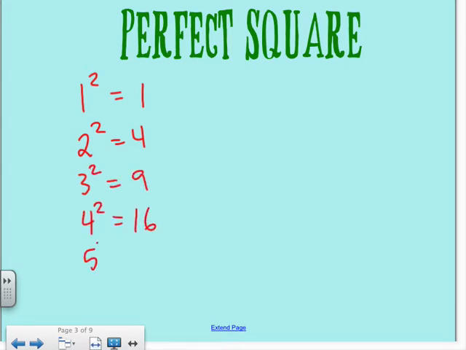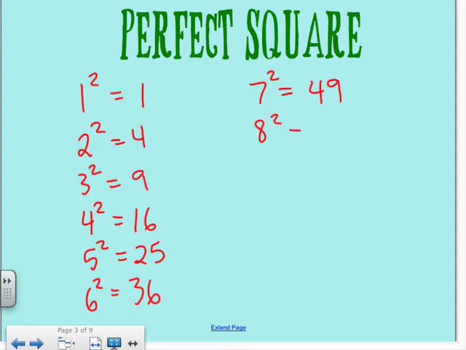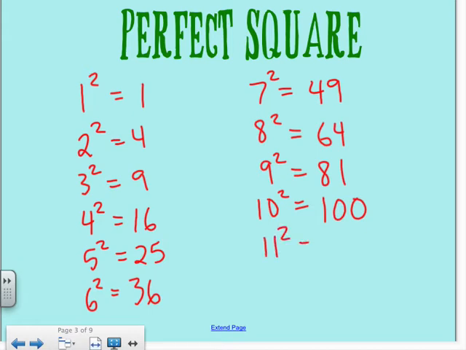The reason we're talking about these is it's a good idea to know what these are. You really shouldn't have to punch these into the calculator. You should recognize these as soon as you see them. So take a look at these, familiarize yourself with them. Because if I see the square root of 81, I should instantly know that the answer is 9.